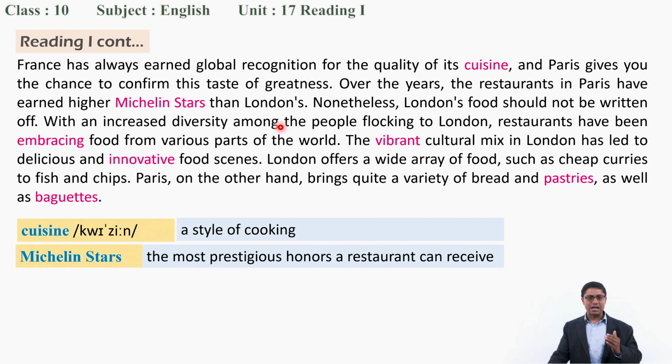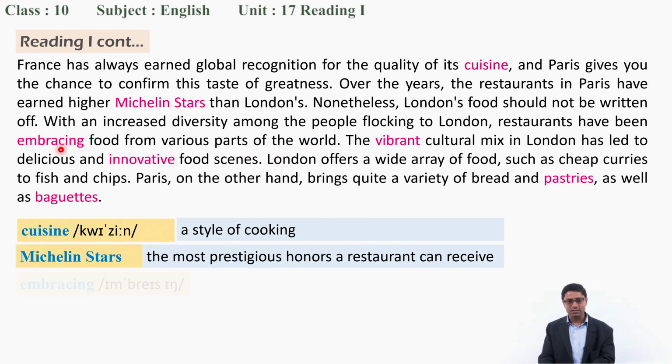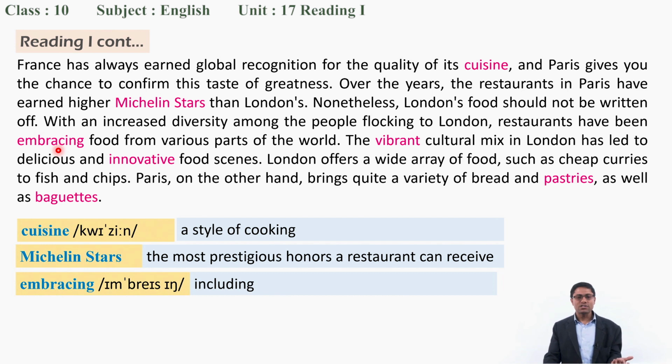With an increased diversity among the people flocking to London, many people flock to live in London, means to settle in London from different parts of the world. As a result, there is diversity, and restaurants have been embracing food from various parts of the world.